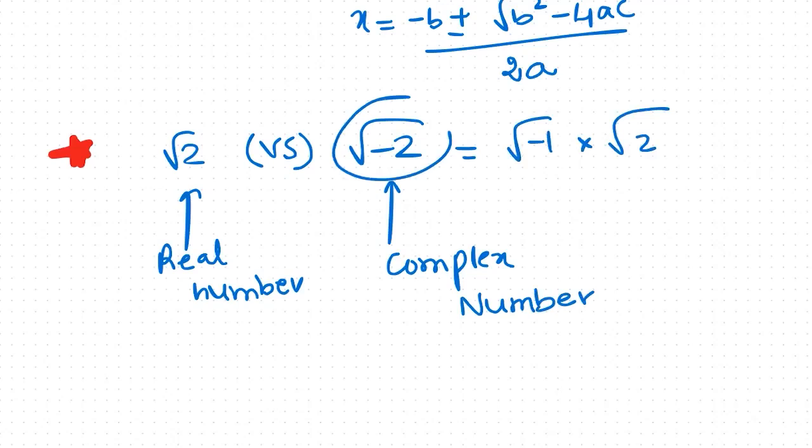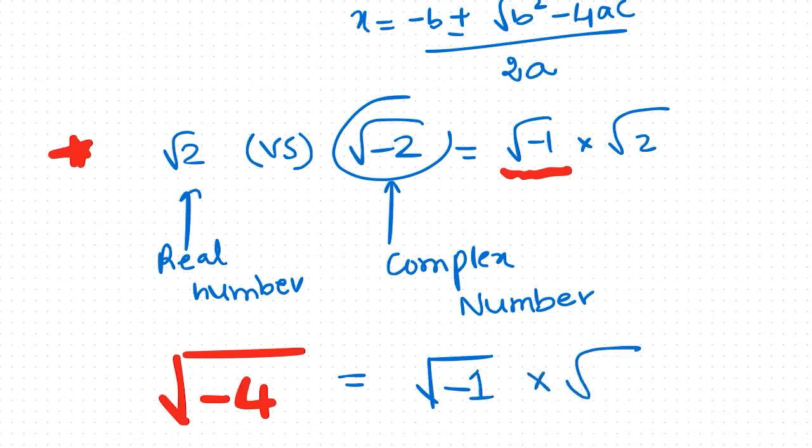So if it's the square root of minus 4, then it will be root negative 1 into 4, like this. If we want to remove the root, how can we do it?